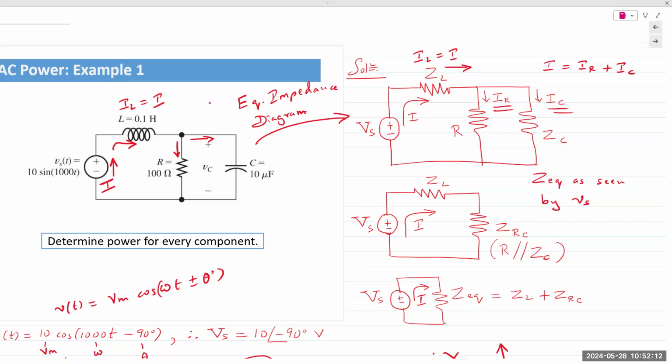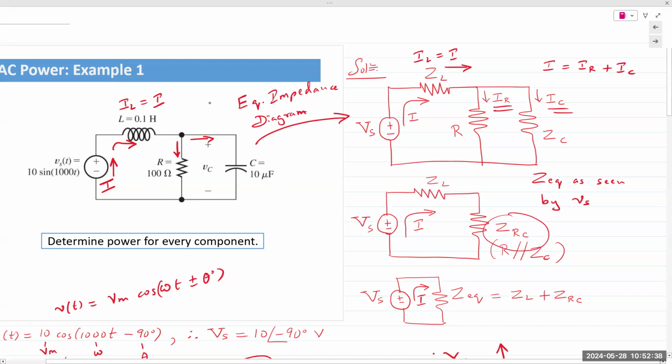Starting from the top, the next step would be to combine the resistor and capacitor into a single impedance. Remember, we cannot add a resistance and a capacitance, but we can add the impedance of the capacitor to the resistor. So R and ZC in parallel, I note it as ZRC.